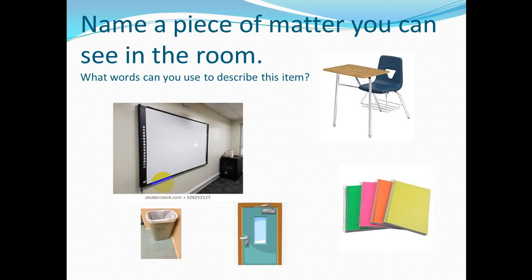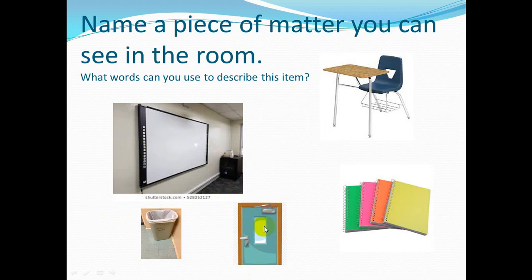You can measure it. We can measure the space of the board. Also, we can measure the space of this desk. What about the size of the door? Which one is bigger, the size of the board or the size of the door?